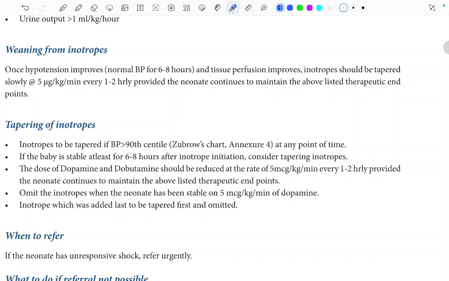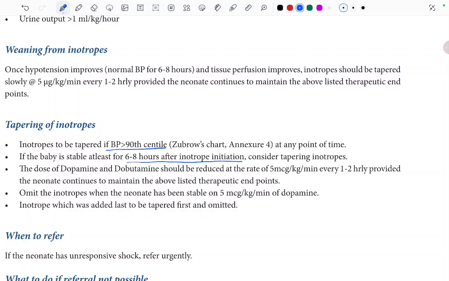Now tapering of inotropes. Inotropes have to be tapered if the BP is more than the 98th percentile on Zubrow's chart at any point of time, or if the baby is stable for at least 6 to 8 hours after inotrope initiation.